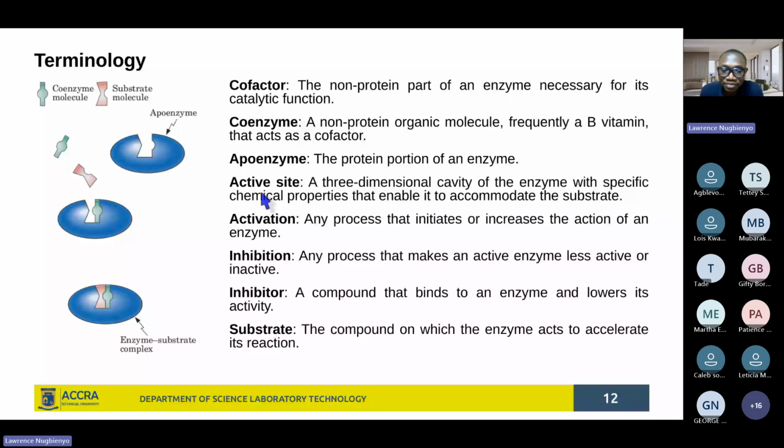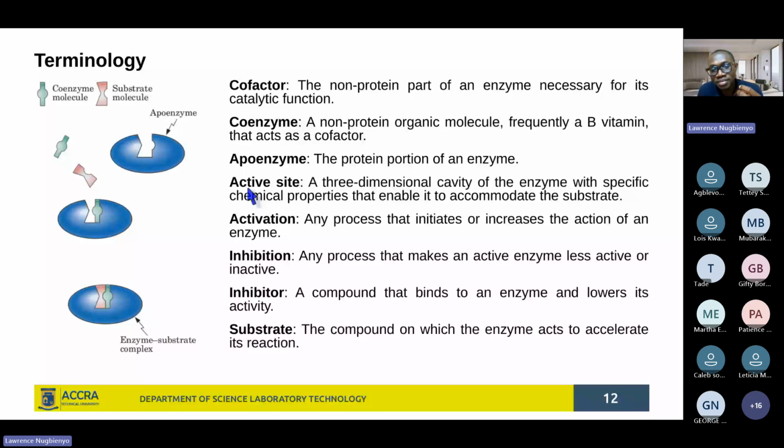So in those specific positions, you have the reaction occurring on those enzymes, the proteins. It's not that the protein is large and a reaction can occur at any part of it. No, there's a specific part of the enzyme where the reaction can occur. It is that particular part that we refer to as the active site.